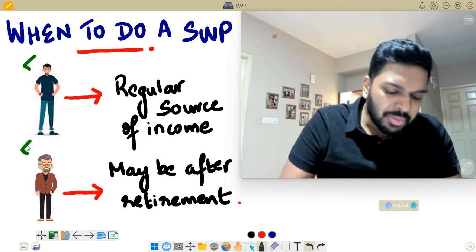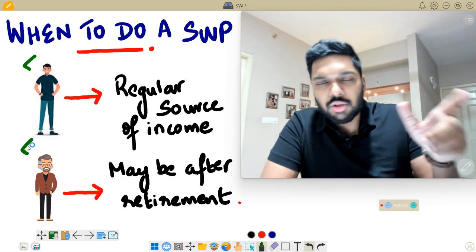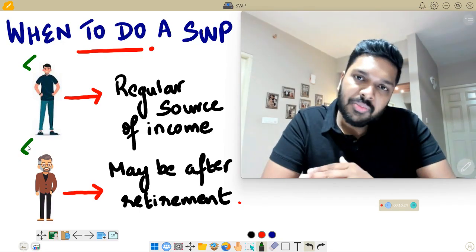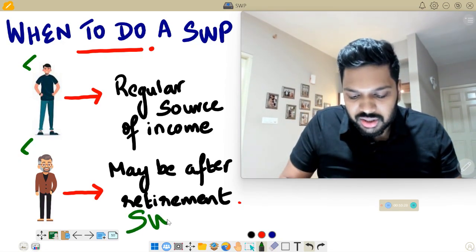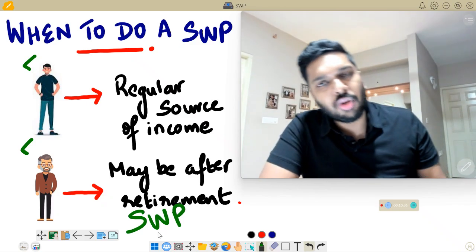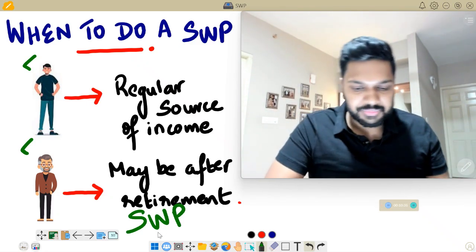But once you cross a particular age, say your retirement phase, and you can no longer depend on your regular source of income, then you have to turn to investments as your primary source of income. And that is when it is recommended that you use the SWP option, the systematic withdrawal plan option, after a point in time in your age.